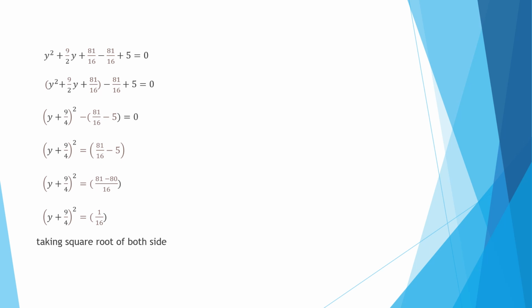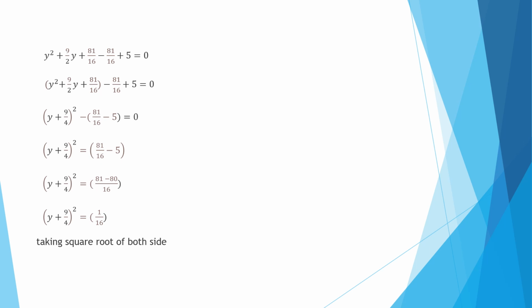So the equation becomes y square plus 9 by 2y plus 81 by 16 minus 81 by 16 plus 5 is equal to 0. Then we observe y square plus 9 by 2y plus 81 by 16 is the square of y plus 9 by 4. So we write this in the first bracket and then minus 81 by 16 plus 5 is equal to 0.